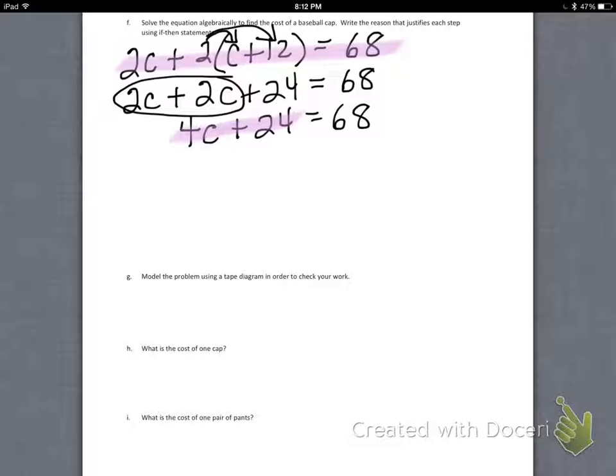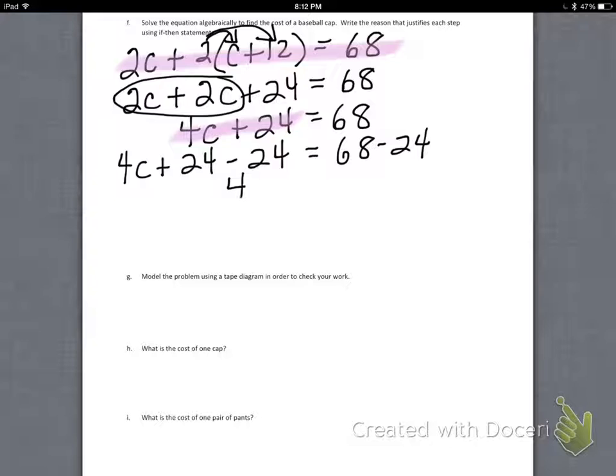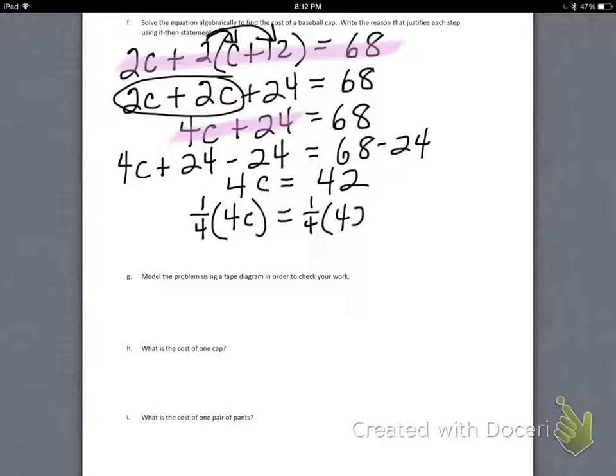But now that I am here, I can apply some of my properties. I can do 4c plus 24, of course minus 24, because I'm trying to isolate that c, equals 68 minus 24. And now I have 4c equals 42. Now of course I'm going to do my inverse of 4 to get this down to 1c equals 1/4 times 42.